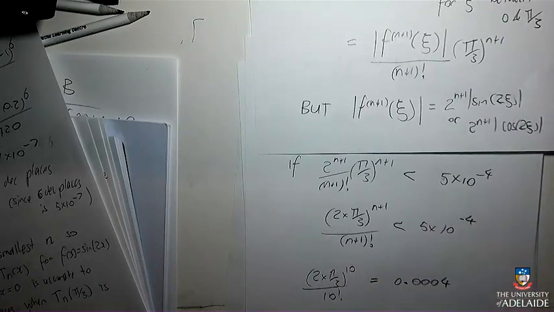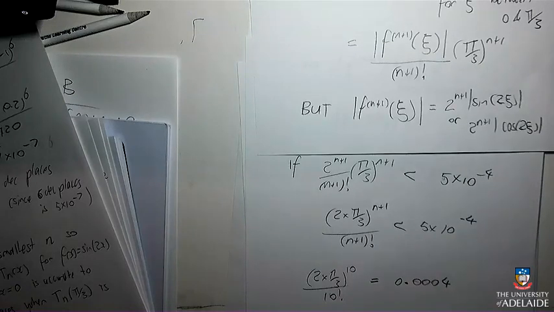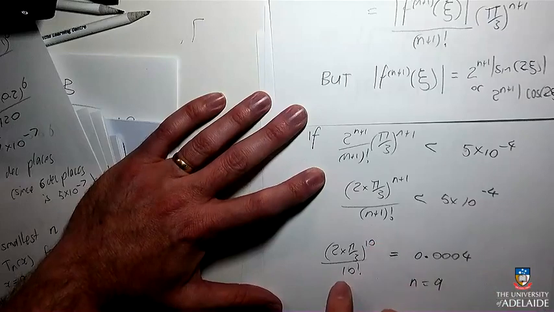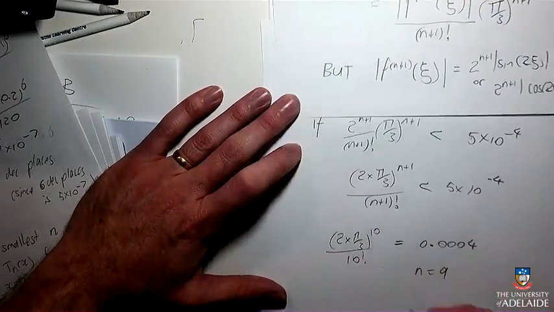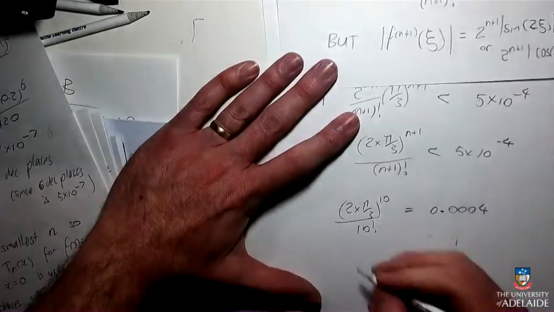All right, we're actually exactly at the right spot. That's 4 times 10 to the minus 4. We're now just less than 5 times 10 to the minus 4. That was a great guess. Otherwise, you just keep trying them until you got below the point you wanted to. That was a really good guess. And so that happens when n equals 9, right? Because it's actually n plus 1 here. Let me just check what it is at the previous one.